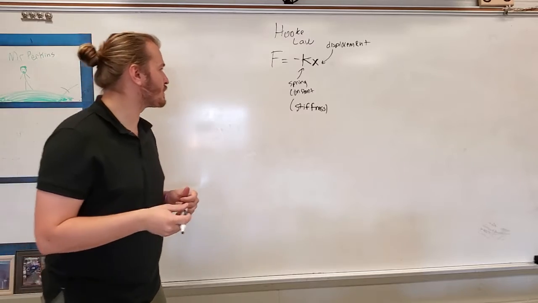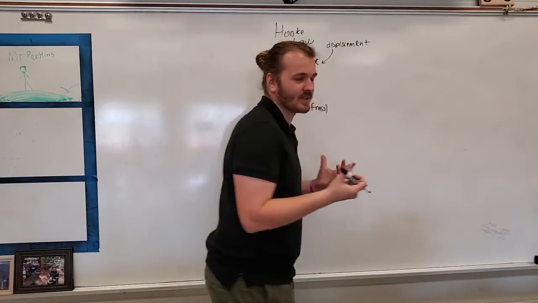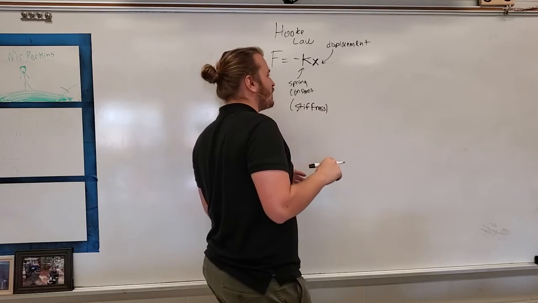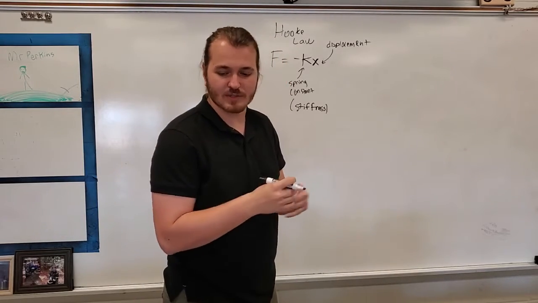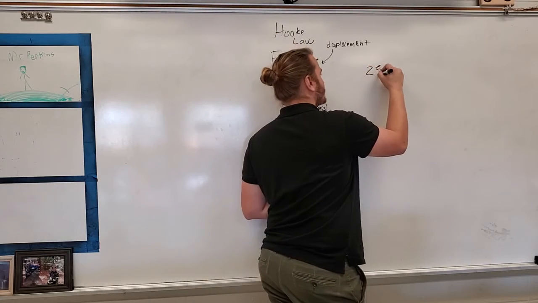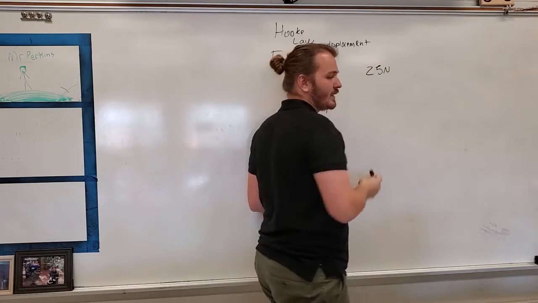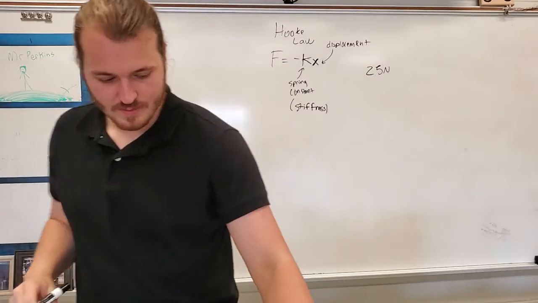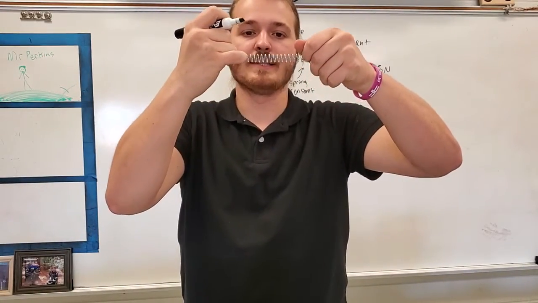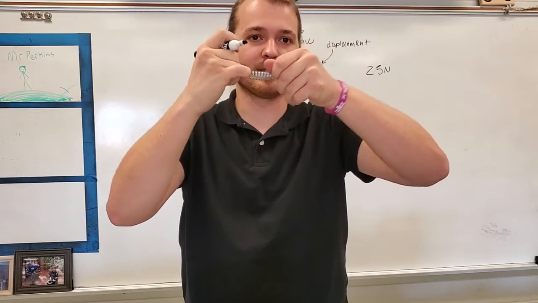The way you solve these problems is sort of similar to F equals ma, but really super easy. For example, say I stretch the spring out using a force of 25 newtons. It stretches out, we'll say, 10 centimeters past resting, right?